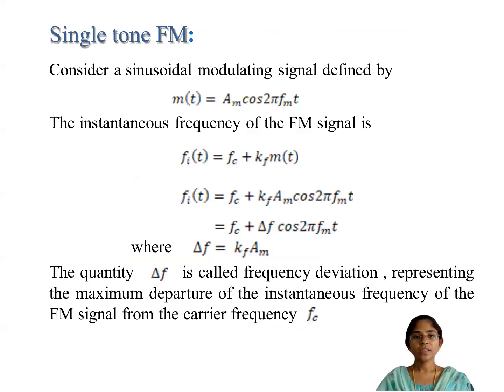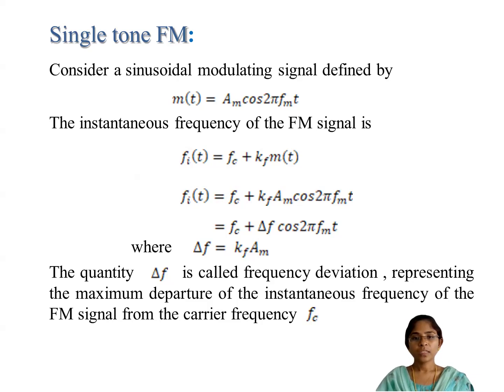So coming to the single tone frequency modulation technique. As the name itself implies, there is a single frequency. Consider a sinusoidal modulating signal, which is given as M of t is equal to AM cos 2 pi FMT. We know the instantaneous frequency of the FM signal, Fi of t, where i represents instantaneous frequency, is equal to Fc plus Kf into M of t.